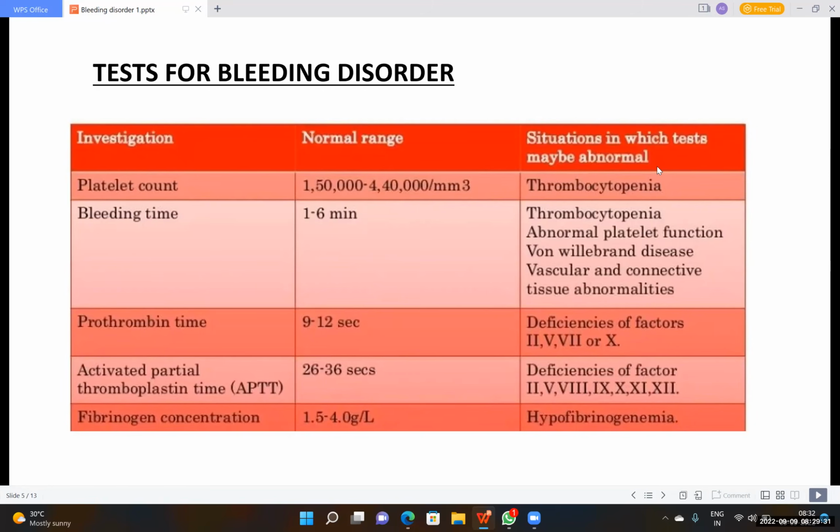In the deficiency of factors 2, 5, 7, and 10, prothrombin time is increased. Activated partial thromboplastin time is 26 to 36 seconds normal, and it is deranged in deficiency of factors 2, 5, 8, 9, 10, 11, and 12. Normal platelet count is 1.5 to 4.4 lakhs, and it is deranged in thrombocytopenia.